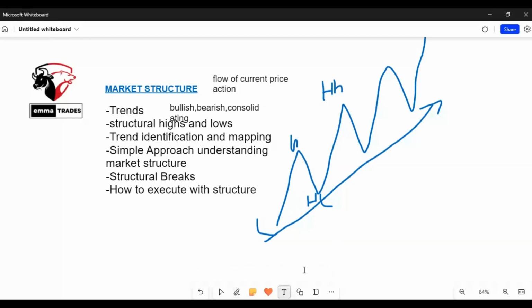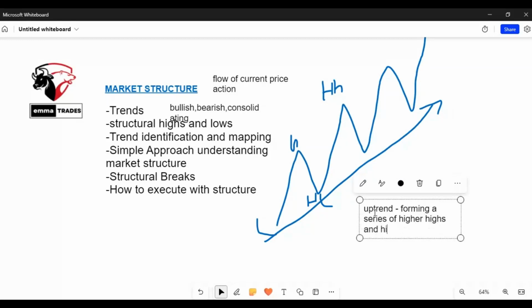In simple terms, you can just note somewhere that when we're in an uptrend or we are bullish, price is forming a series of higher highs and higher lows. That's for an uptrend.